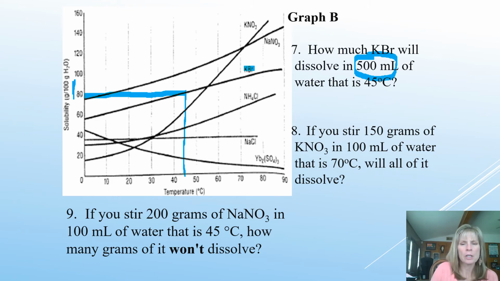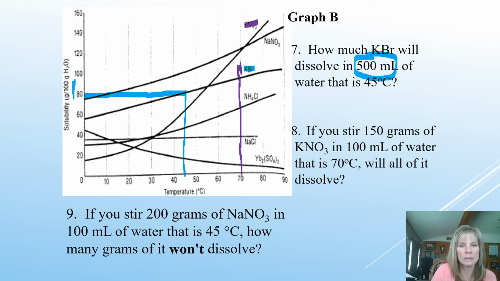If you stir 150 grams of potassium nitrate in 100 milliliters of water at 70 degrees C, will it all dissolve? Okay, so where's potassium nitrate? Potassium nitrate's up here, so it's this line right there. We're talking about 150 grams at 70 degrees. Well, here's 70 degrees, so we follow it up and see what's going on at 70 degrees for potassium nitrate.